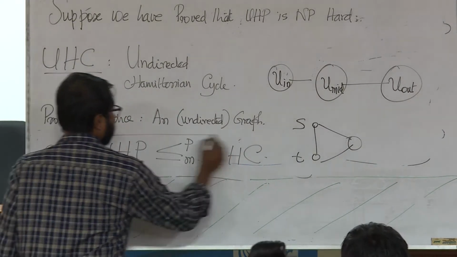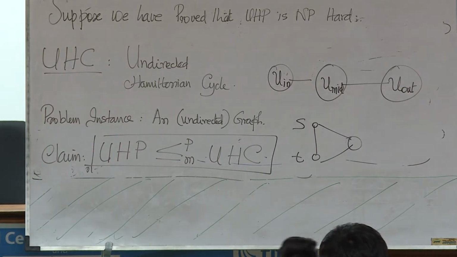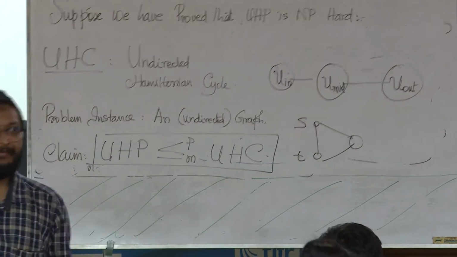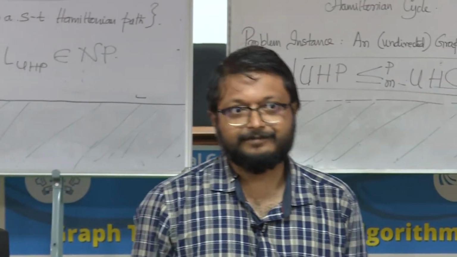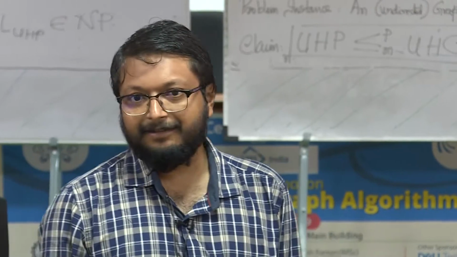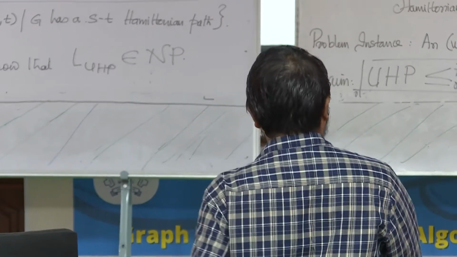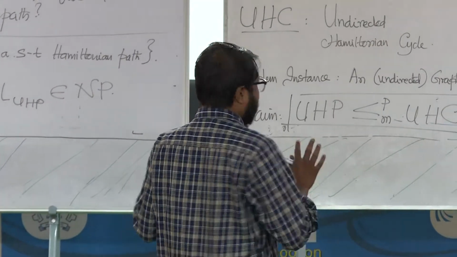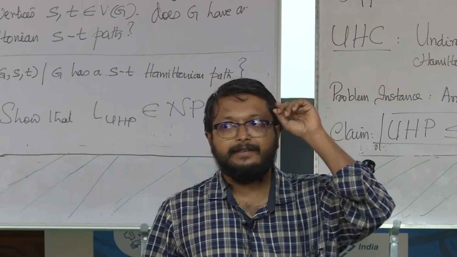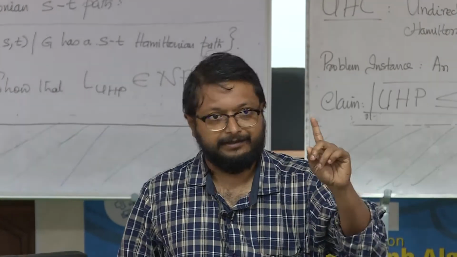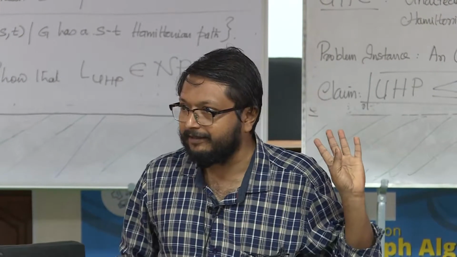So try this first and then try to reduce directed Hamiltonian path to undirected Hamiltonian path. At the end of this, we have proved directly that directed Hamiltonian path is NP hard. That we proved in the class.